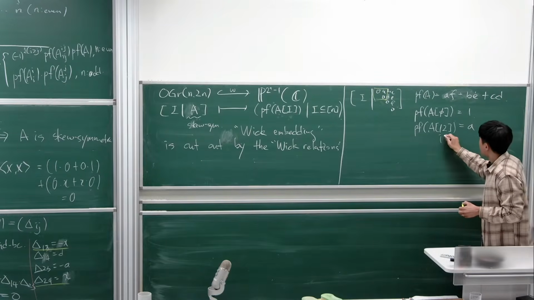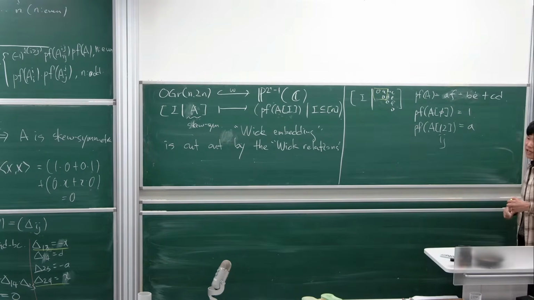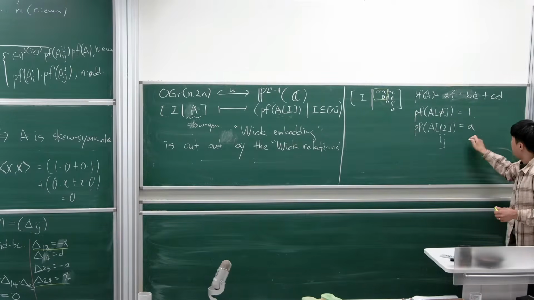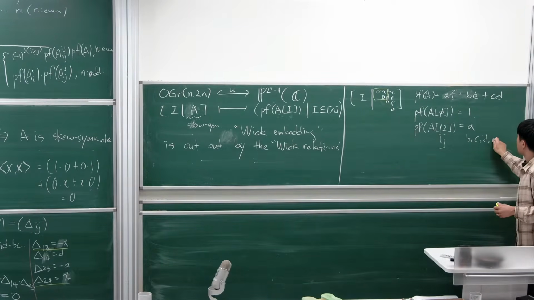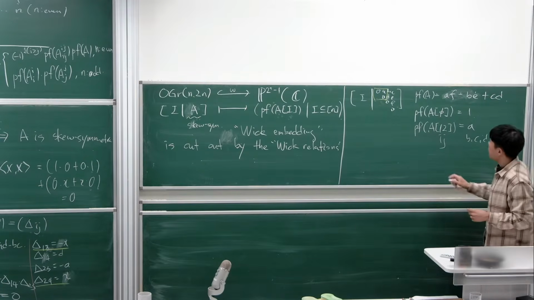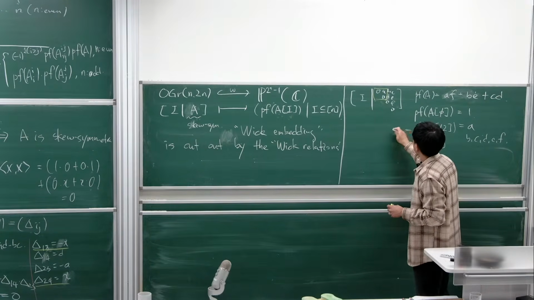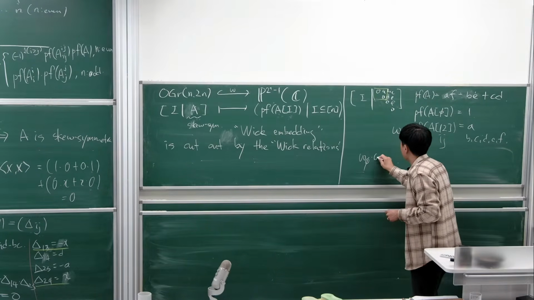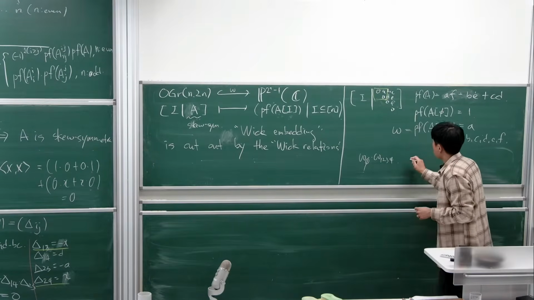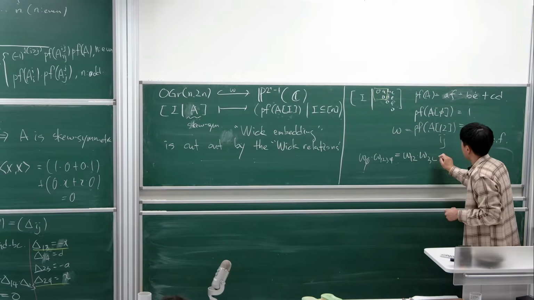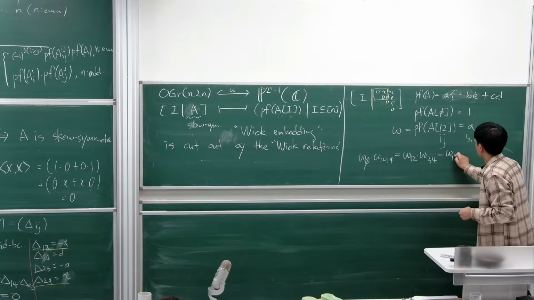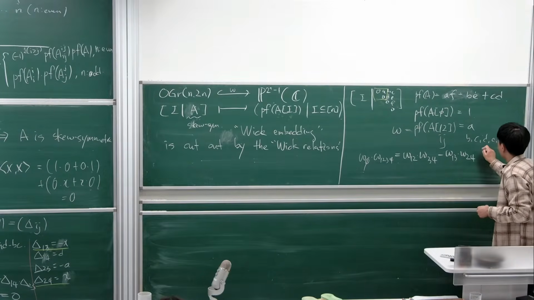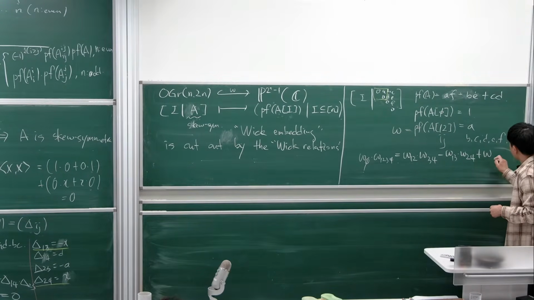So we have six different choices of I and J, and these depend on I and J, giving B, C, D, E, F. If we denote this by W, then what we have is W_empty times W_1234 is equal to W_12 times W_34 minus W_13 times W_24 plus W_14 times W_23.